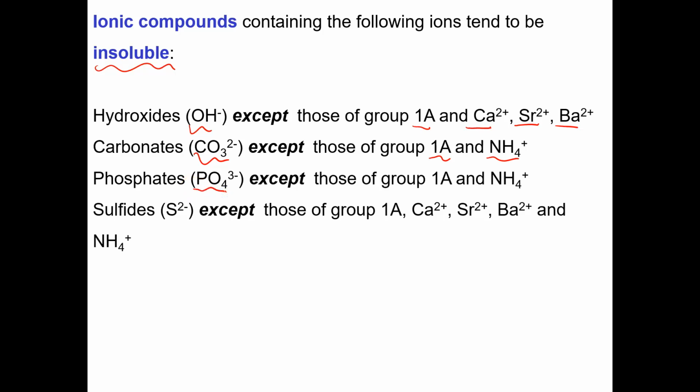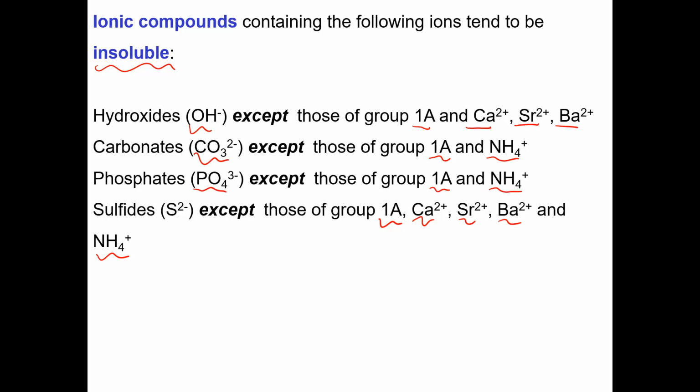Phosphates tend to be insoluble, again, except those containing group 1A or the ammonium cation. Sulfides tend to be insoluble, except for those containing the group 1A, ammonium, or calcium, strontium, or barium cations.